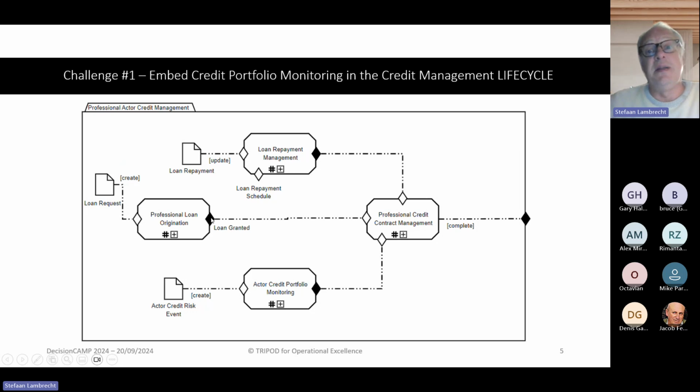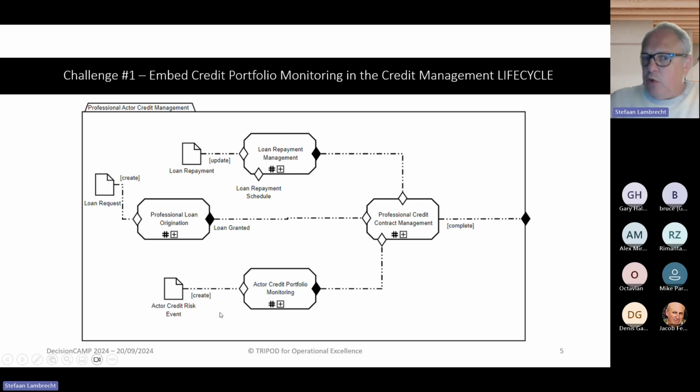Once the loan is granted, then it needs to be followed up by a series of processes in credit contract management. Obviously, also the repayment of these credits and loans needs to be followed up. That is done within more the financial part of the organization. And that's what we are talking about here.